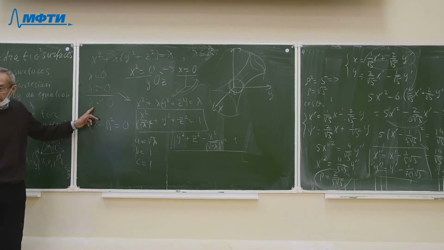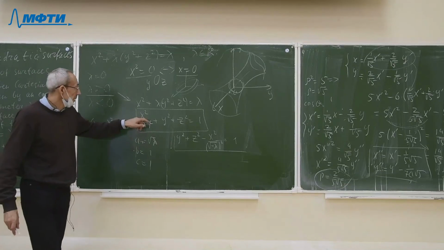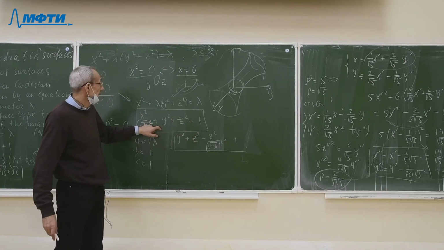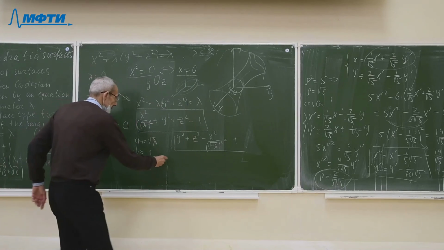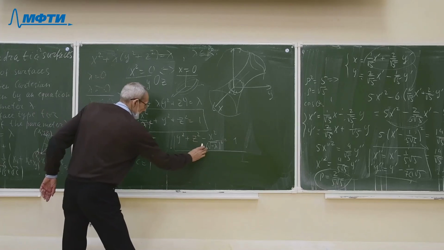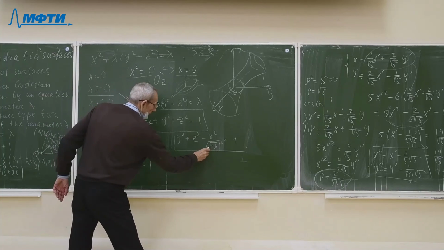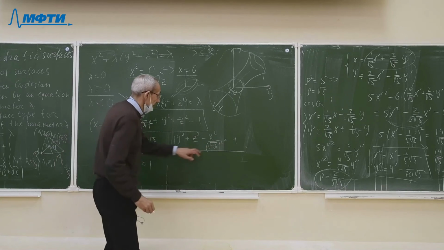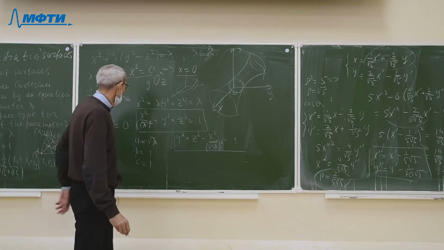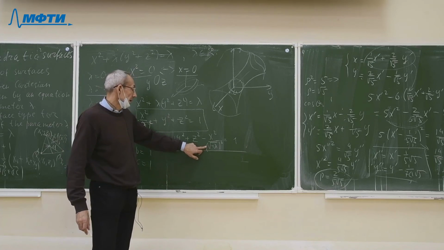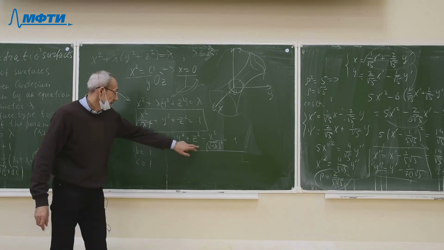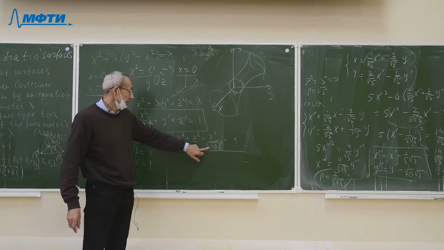Lambda less than 0, and I divided the left and right sides by lambda.